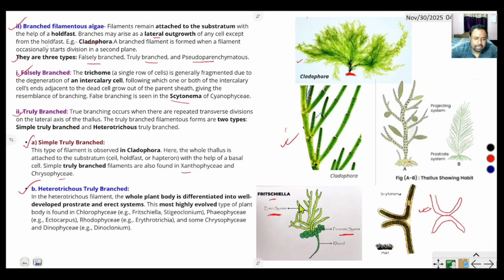Two different types of branching pattern are found in Fritschiella, so it is called heterotrichous truly branched. Heterotrichous means different types. Other algae like Phaeophyceae, Ectocarpus, Rhodophyceae, Erythrotrichia, some Chrysophyceae, and Dinophyceae, etc. contain heterotrichous truly branched filamentous algae.